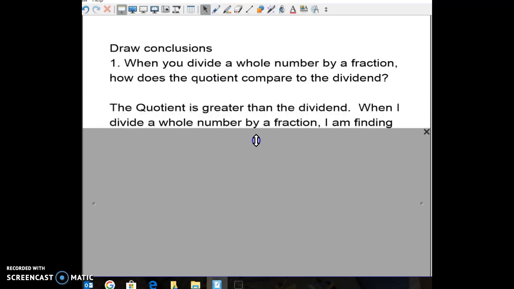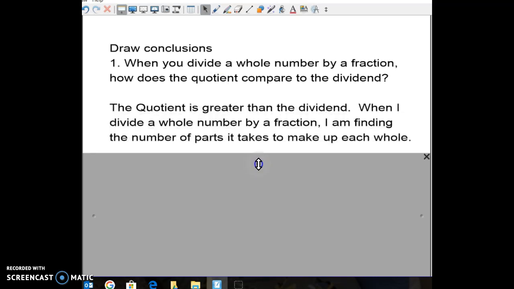The quotient is greater than the dividend. So when you divide a whole number by a fraction, let's just write something. 5 divided by 1/5.